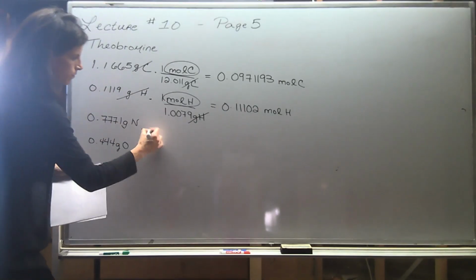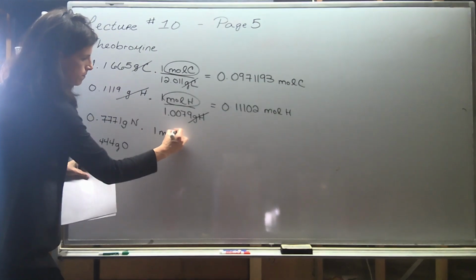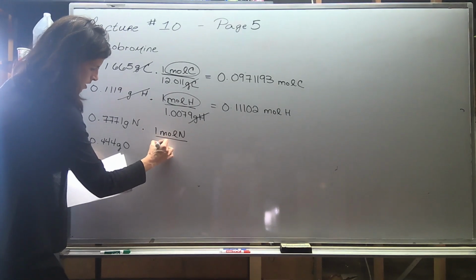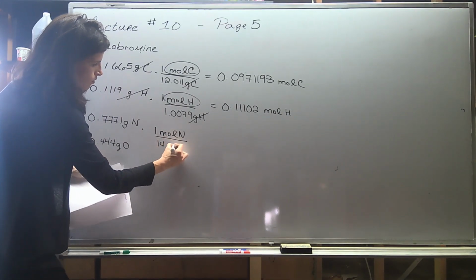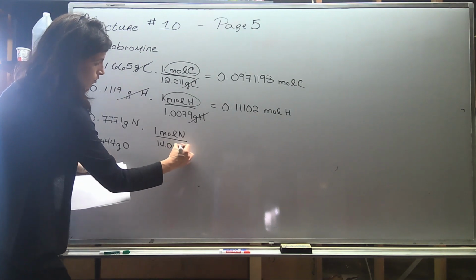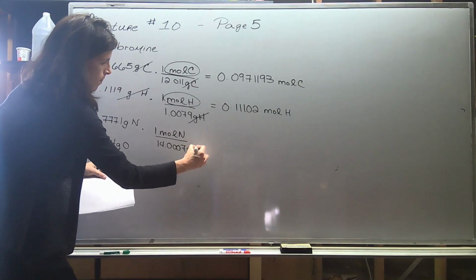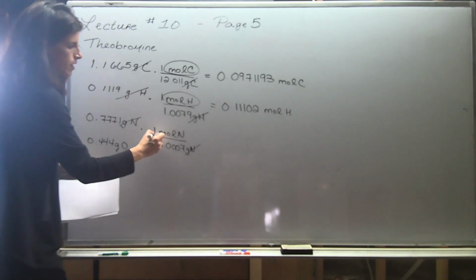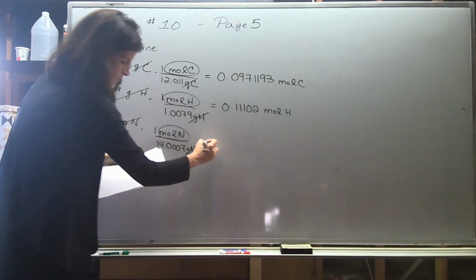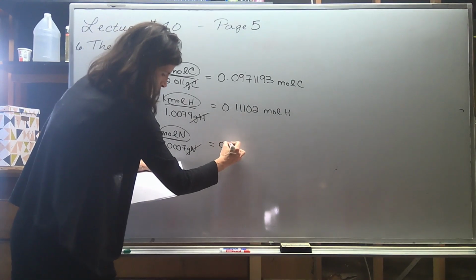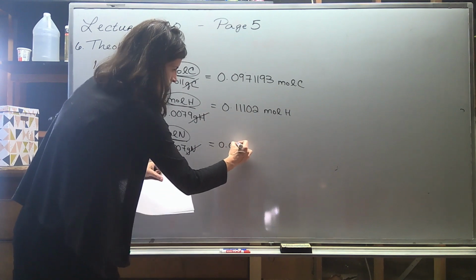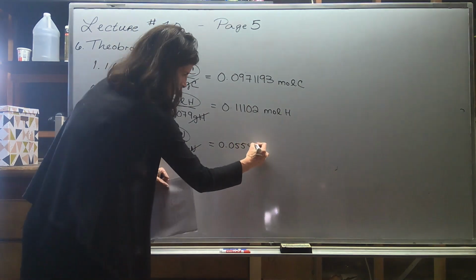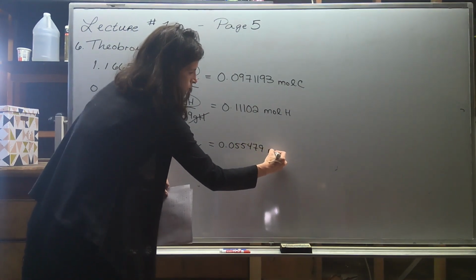Next one, 1 mole of nitrogen. And I have 14.0007 grams of nitrogen. Grams cancel grams, and I'm just left with moles of nitrogen. So 0.055479 moles of nitrogen.